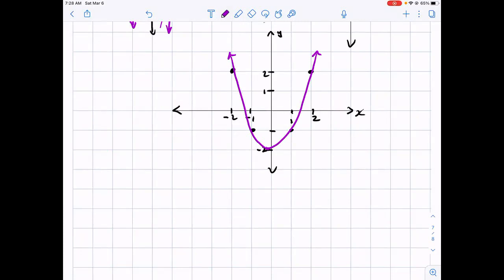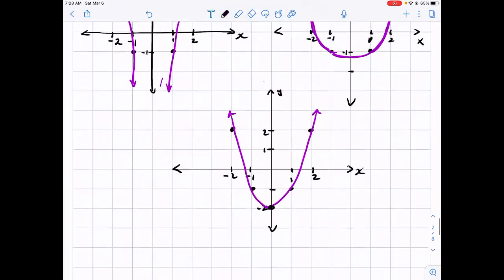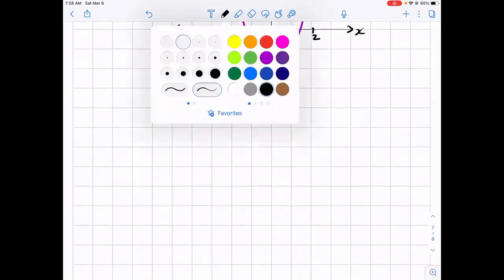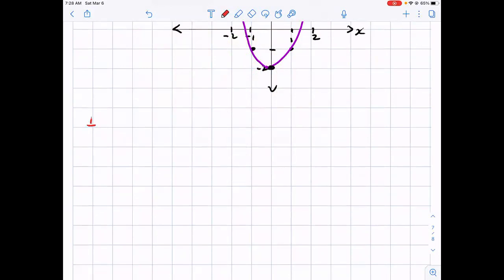So some of the things that could help us here is, in addition to plotting points, right? So we know that this was the correct one. In addition to plotting points, we can look at some things like intercepts. So in addition to the table, we should find the intercepts.